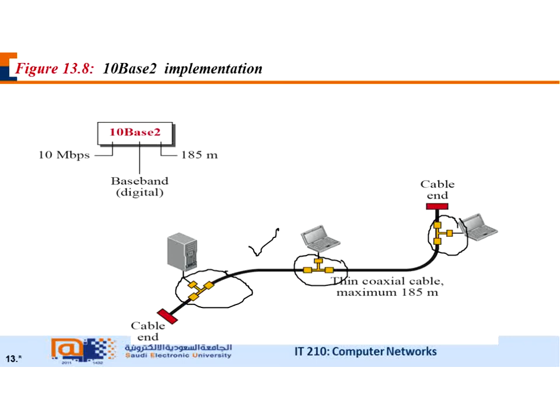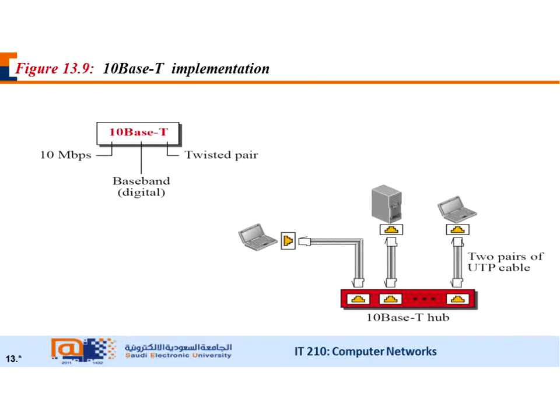T connections are much cheaper than taps. As far as installation is concerned, installation is simpler because the thin coaxial cable is very flexible. The length of each segment cannot exceed 185 meters. It is close to 200 meters, due to the high level of attenuation in thin coaxial cable.